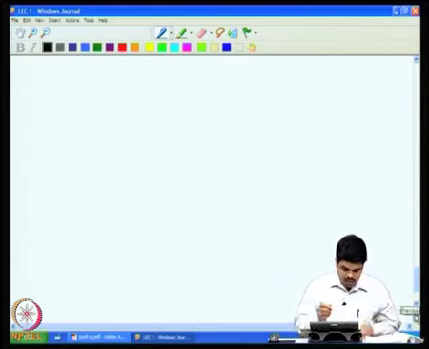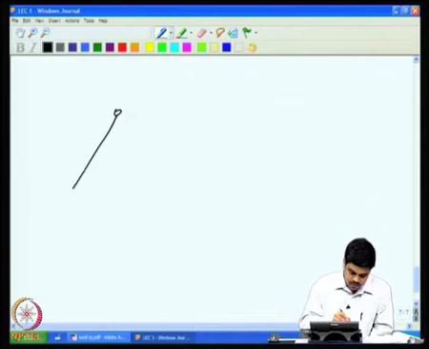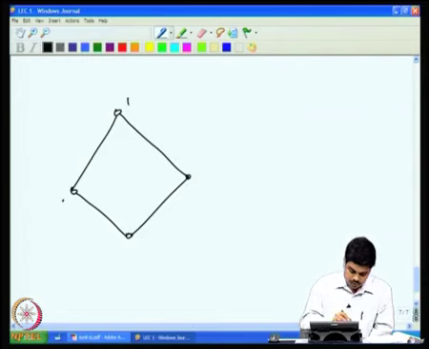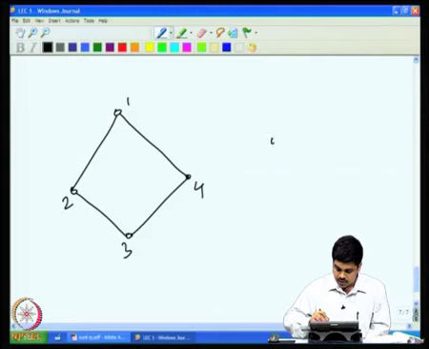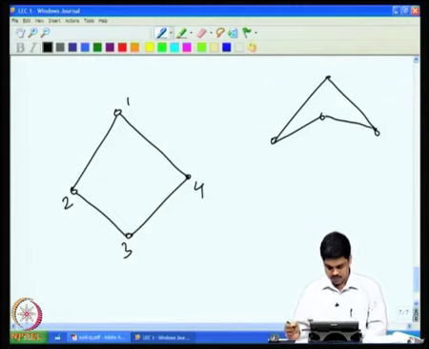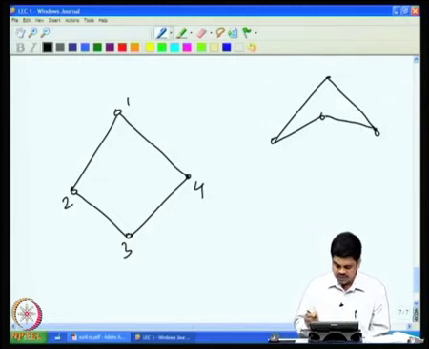Here let us draw a graph. This is our G, with vertices 1, 2, 3, 4. Now consider another graph like this. It looks very different, but we say that these 2 graphs are isomorphic.